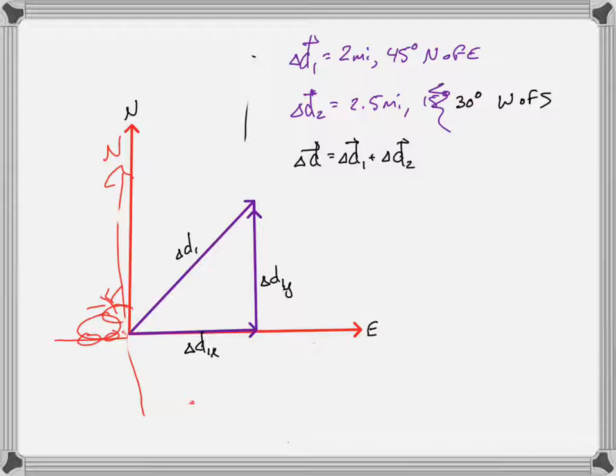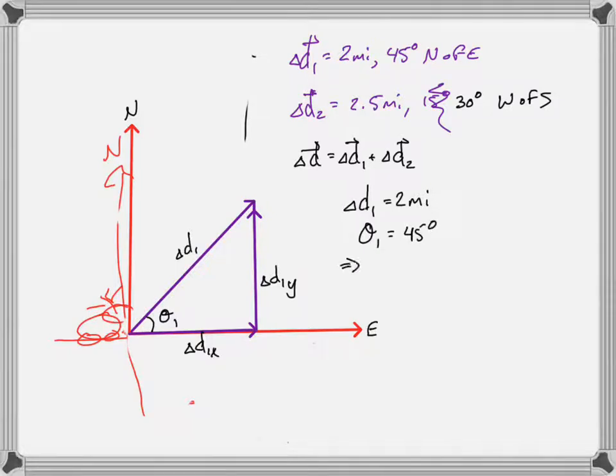I shouldn't have put a delta. It's just making too much writing, but that's okay. I started that way, so I'll continue. This angle, call it theta 1. And we know that the length of delta d1, which we can draw either as an absolute value of the vector or just drop the vector sign, is 2 miles. And we know the angle theta 1 is 45 degrees.